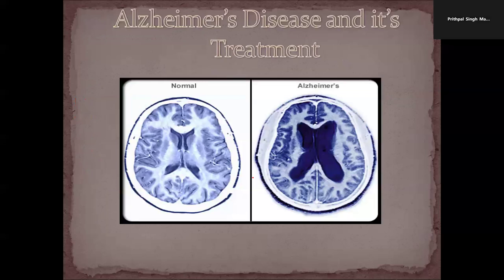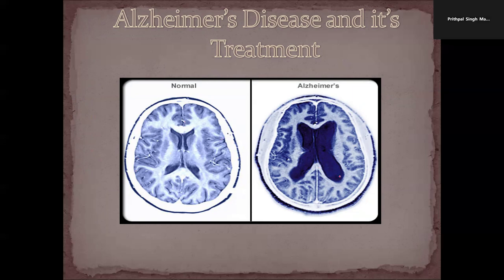The other disorder that we talk about is Alzheimer's disease and its treatment, where we can easily differentiate between the normal brain section and the Alzheimer's section.